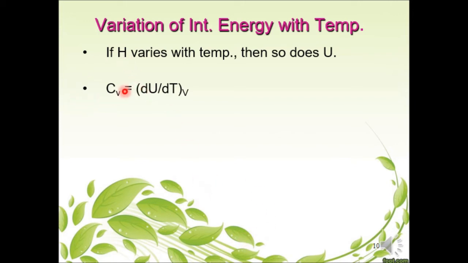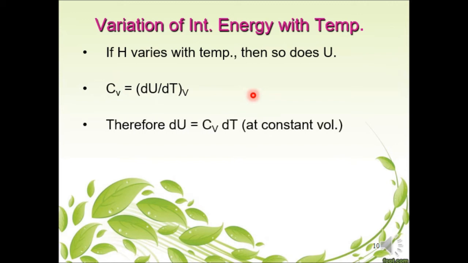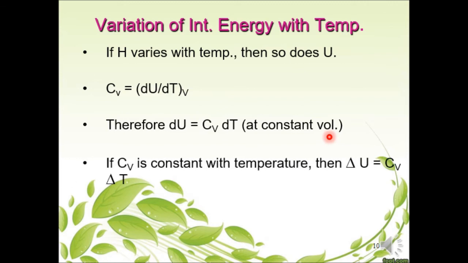So this is the relationship with heat capacity. Therefore dU equals Cv dT at constant volume. So if Cv is also constant with temperature, then the change in internal energy equals Cv multiplied by change in temperature.